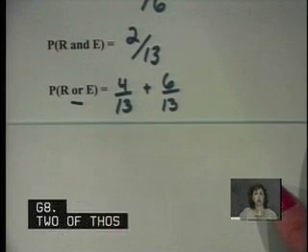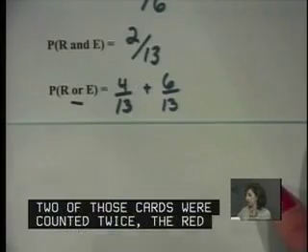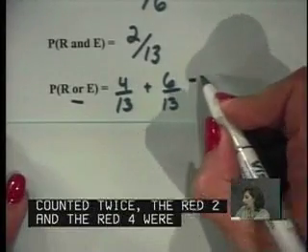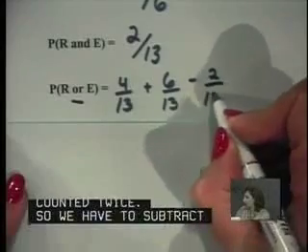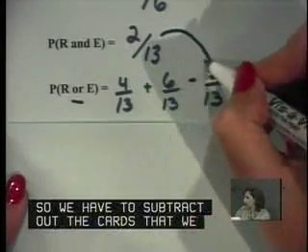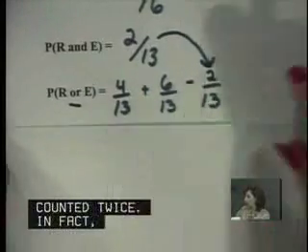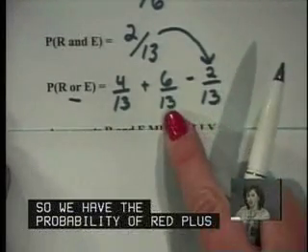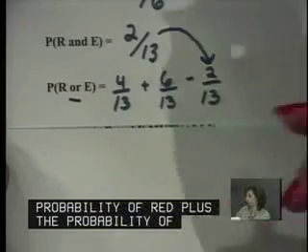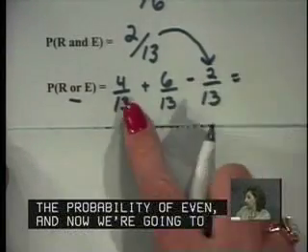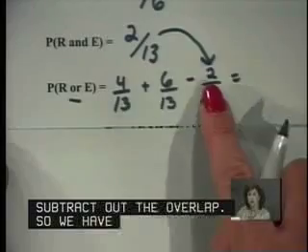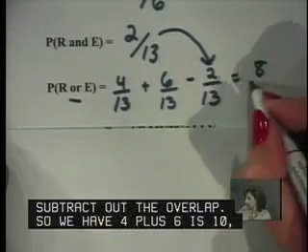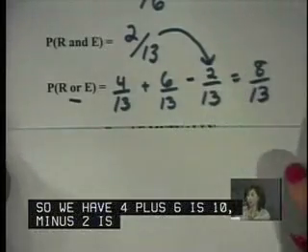The red 2 and the red 4 were counted twice. So we have to subtract out the cards that we counted twice. In fact, it's these 2. So we have the probability of red plus the probability of even. And now we're going to subtract out the overlap. And so we have 4 plus 6 is 10, minus 2 is 8 out of 13.